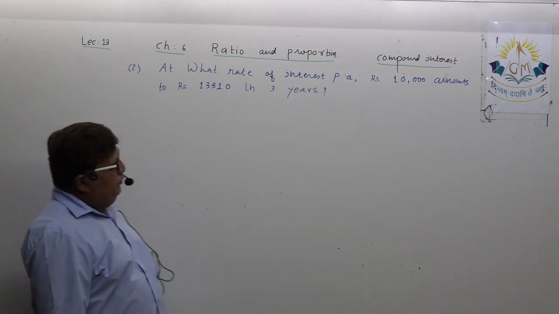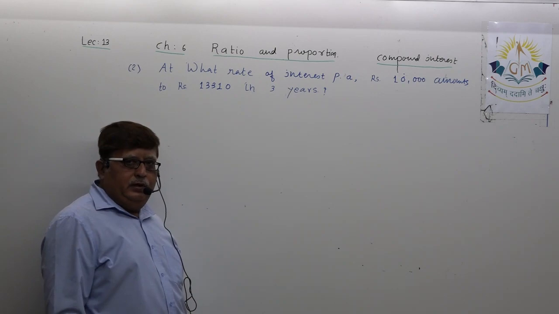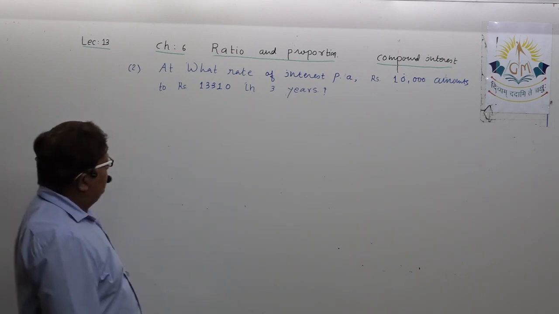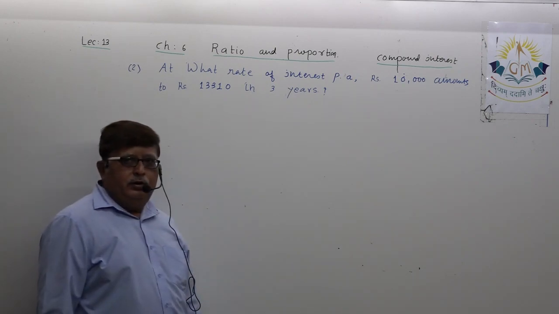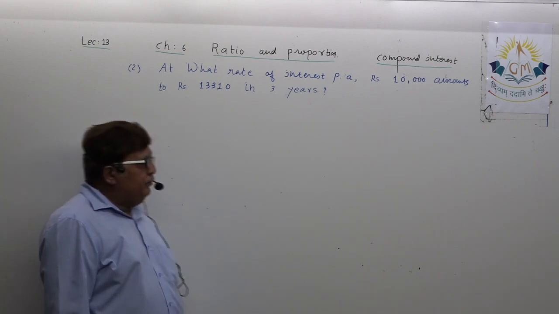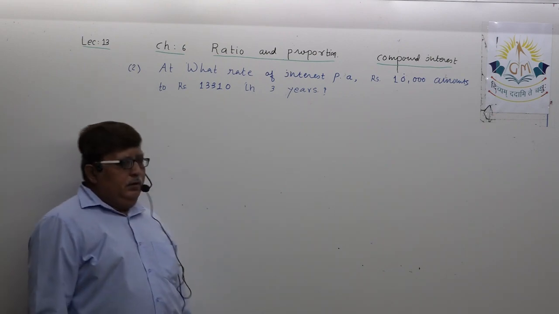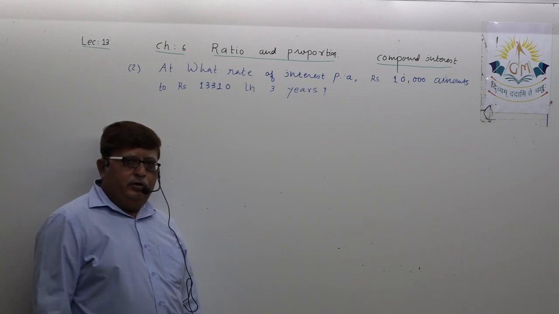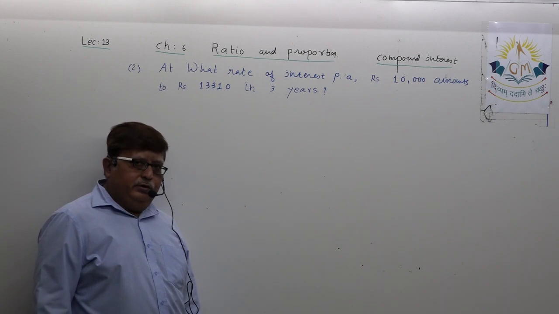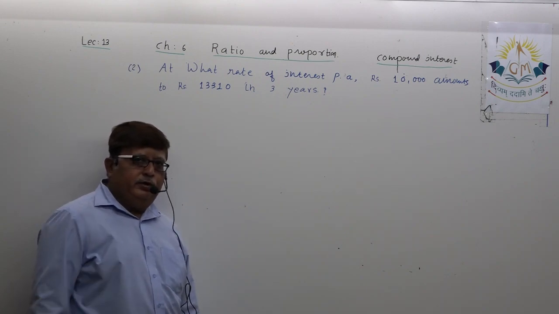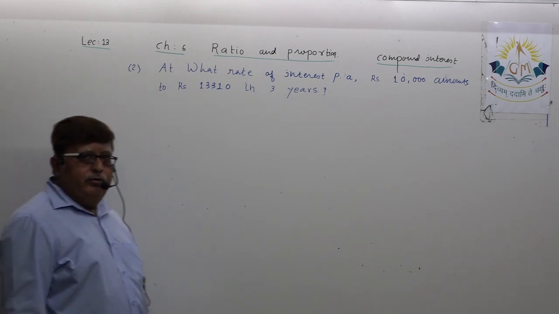What is given, dear student? Principal has been given, amount has been given, and it's a period of 3 years, so you do not have to think or decide n, it is simply n equal to 3.